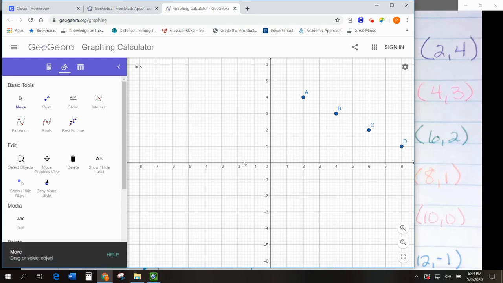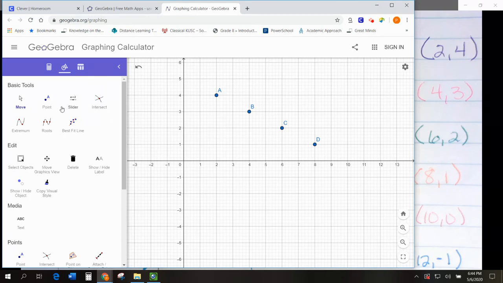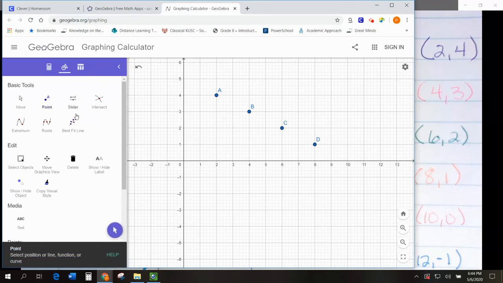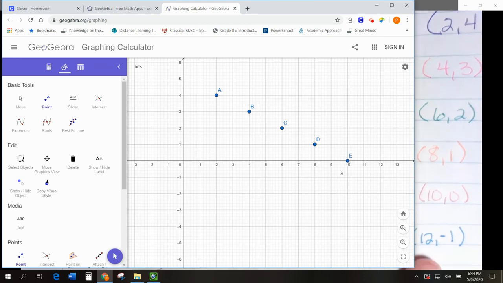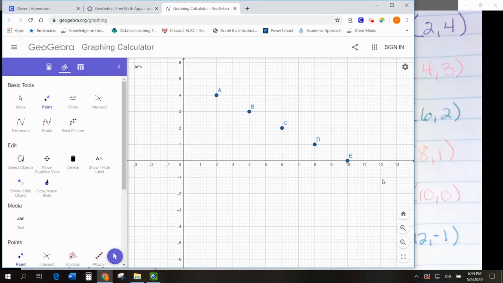I'm going to put this over to move, so I can move this over a bit, do some more points. 10, 0, go 10, up 0, and 12, -1. And we graph these like it asked.